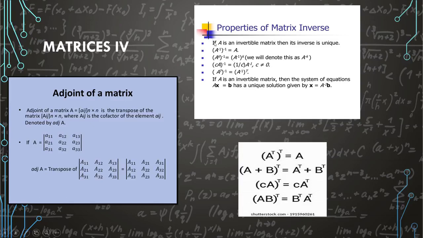So you can just go through the properties. The inverse of the inverse of A is A. A scalar power of an inverse is the inverse of A raised to that power. You can multiply by C and then 1 by C. If you take it out, you will get the A inverse, and transpose and inverse are interchangeable. The transpose properties are also here. You can go through and note them down.